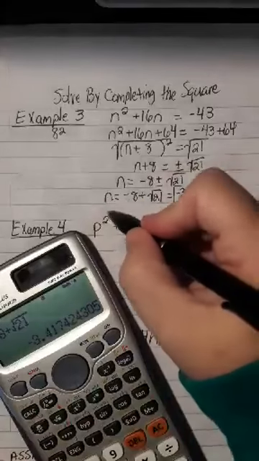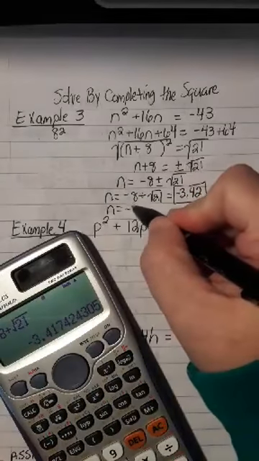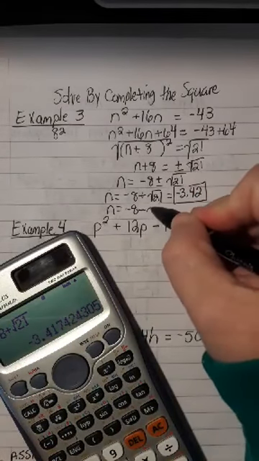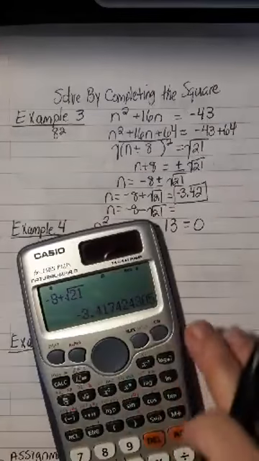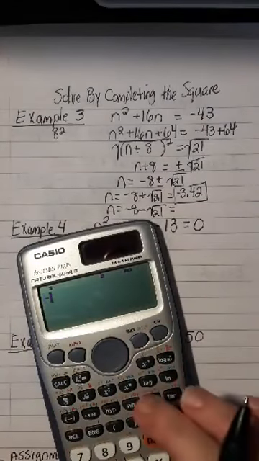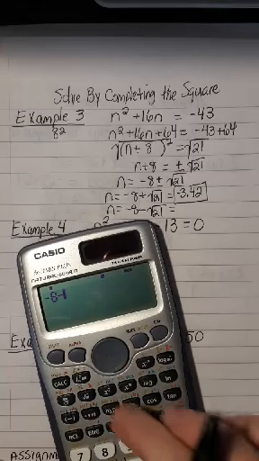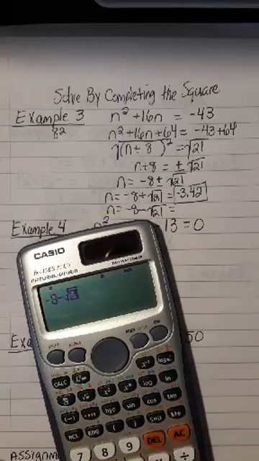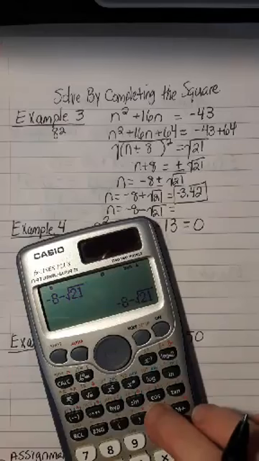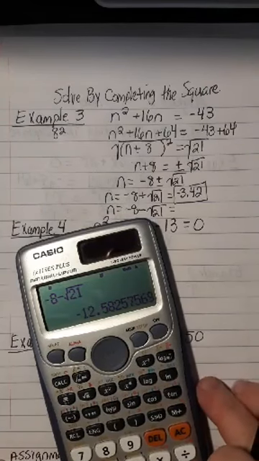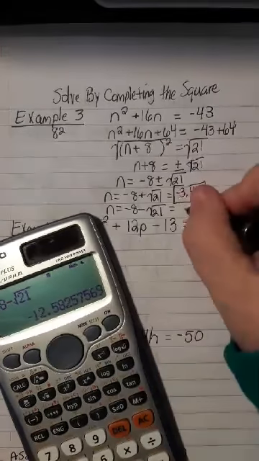And then we've got to do, again, negative 8, but this time minus the square root of 21. And so negative 8 minus the square root of 21 is going to be negative 12.58.